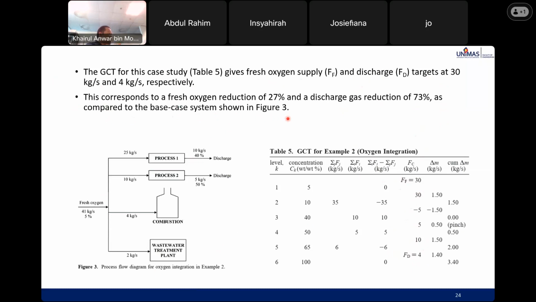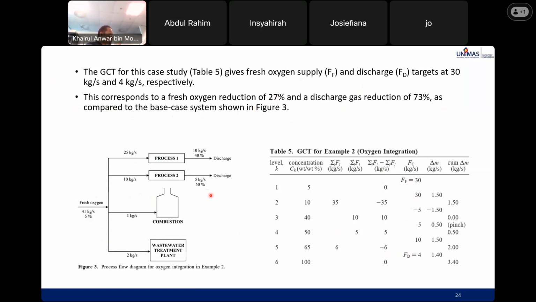So how do they get 27% reduction for fresh oxygen? Actually, they have already determined the fresh oxygen supply on the cascade table is at 30. So the minimum is only 30 for this process. No need to supply up to 41 kilograms. So 41 minus 30 over 41 times 100 is 27% reduction.